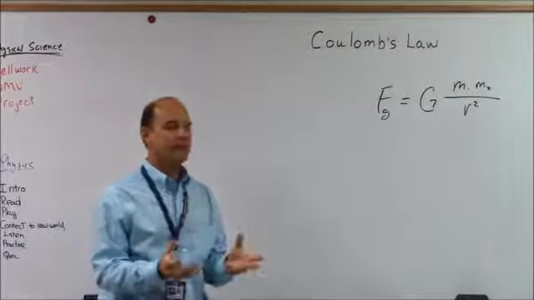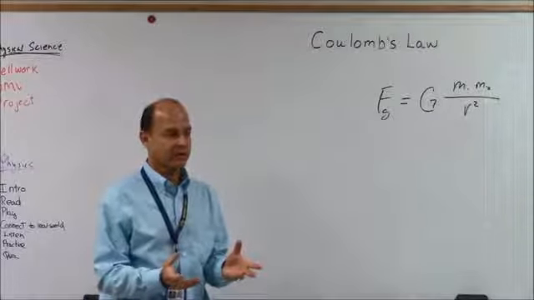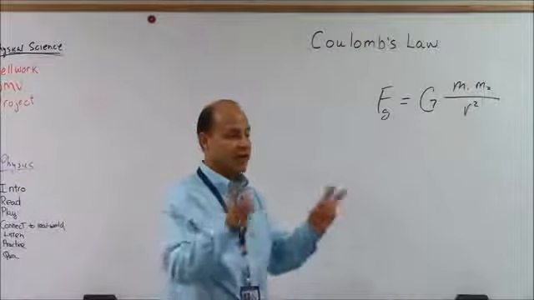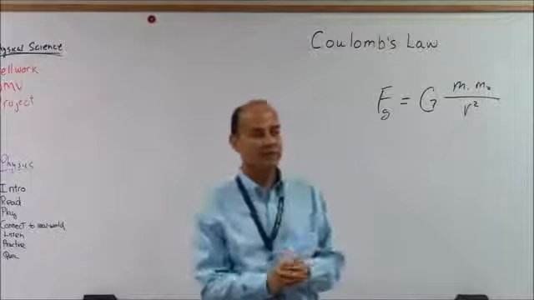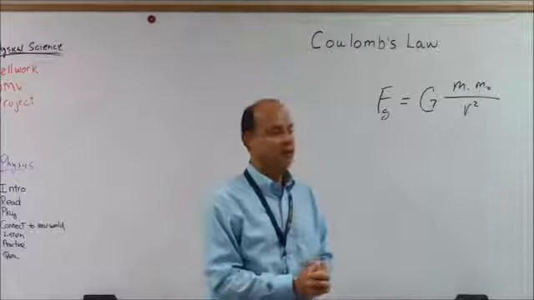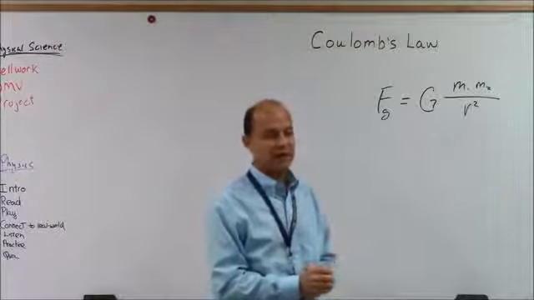We don't have positive and negative gravity. If we did, we would have anti-gravity, and these cool hovering vehicles, or skateboards, or hovercrafts, would be a reality. But we don't have anti-gravity.